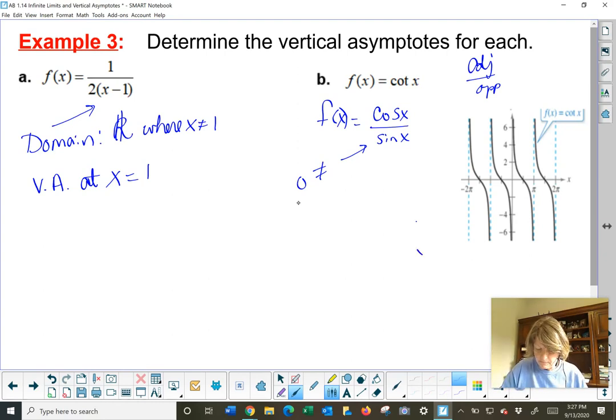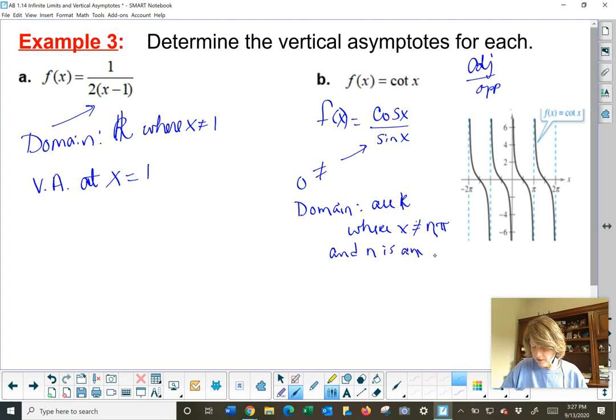So my domain for cotan is all reals where x does not equal, let's say, n pi, and n is an integer value. Because we want to get at pi, 2 pi, 3 pi, 4 pi, okay? And there's the picture on it.